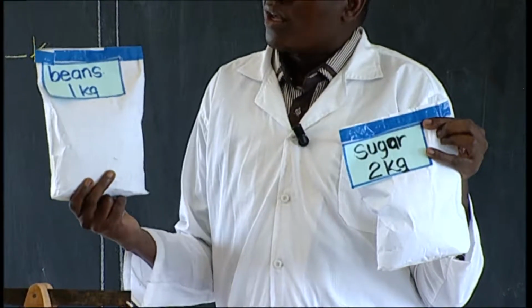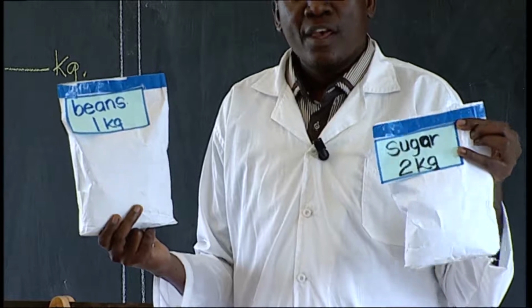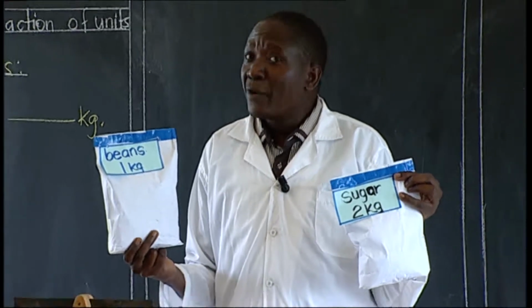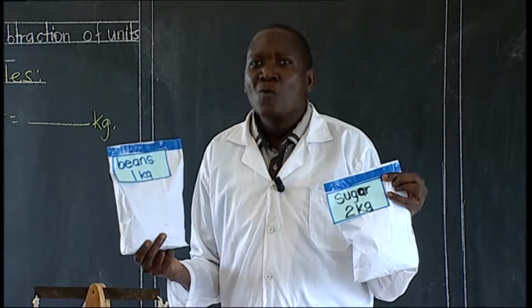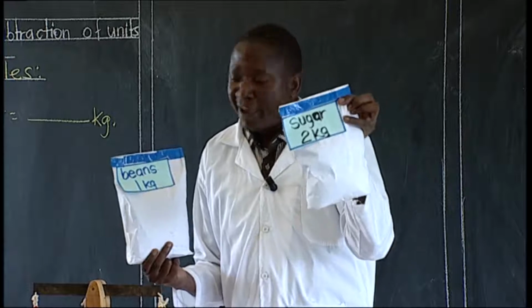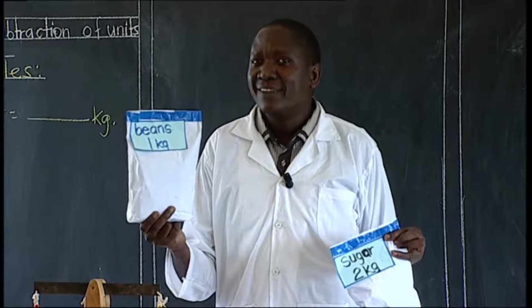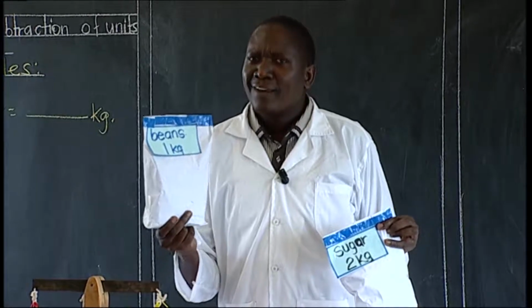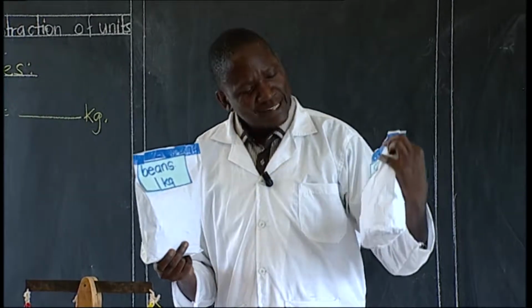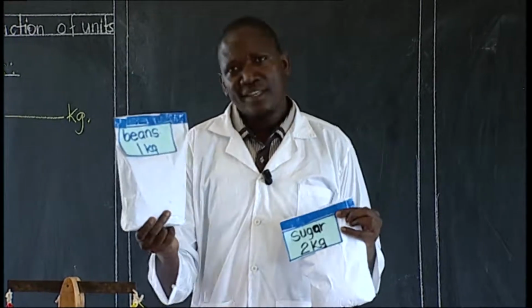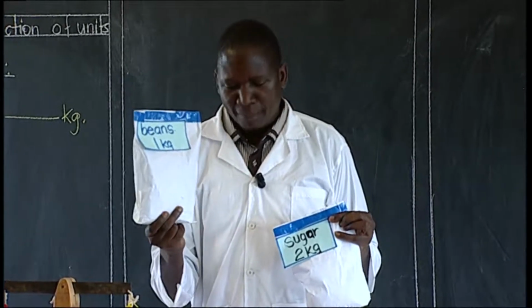Of the two items, which one is heavier? Can you tell me the one which is heavier? Good. It is sugar. Sugar is heavier than beans. Why do you think it is heavier? Correct. Because you can see these are 2 kilograms and this is just 1 kilogram.